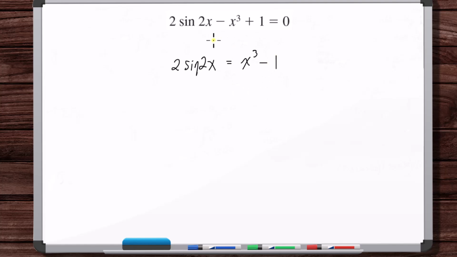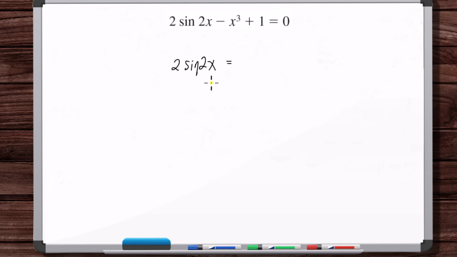But one of the main ways to do a numerical solve like this is you bring everything to one side and set it equal to 0, and that's what Newton's method is based on. It's based on finding x-intercepts. So that's why you'll see it in a form like this a lot. But technically, you could graph x cubed minus 1, graph 2 sine 2x, and see where they intersect.